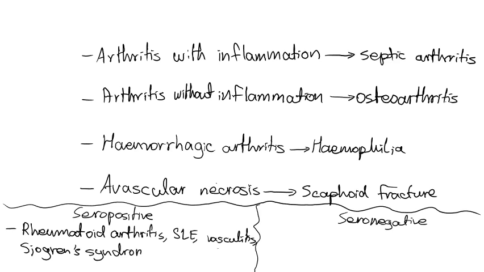Seronegative arthritic conditions, on the other hand, do not have any markers that show their presence, and they include conditions such as ankylosing spondylitis, which is when, usually in young males, there is the formation of what we call a bamboo spine, and what that means is that we get a very straight spine, and essentially the person is unable to bend over or bend backwards since their spine is so straight, and it's usually due to the fusion of the joint spaces between the bones or the vertebral bones.